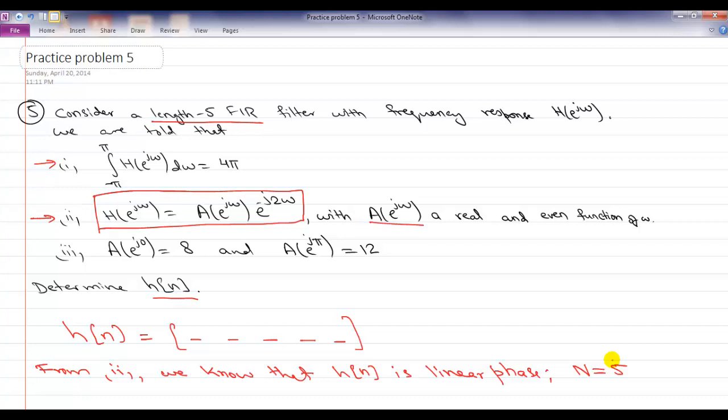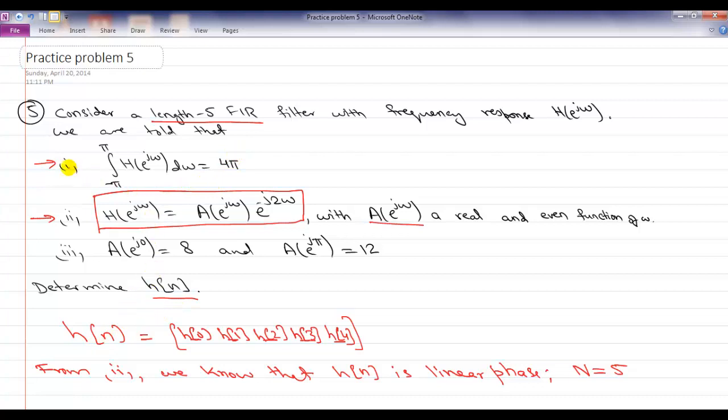So instead of 5 numbers, we are dealing with only 3 numbers. And so we'll just call this h[0], h[1], h[2], h[3], and h[4]. And let's try to slowly find out if we can, using these other facts, determine these other values. So what about h[0]?